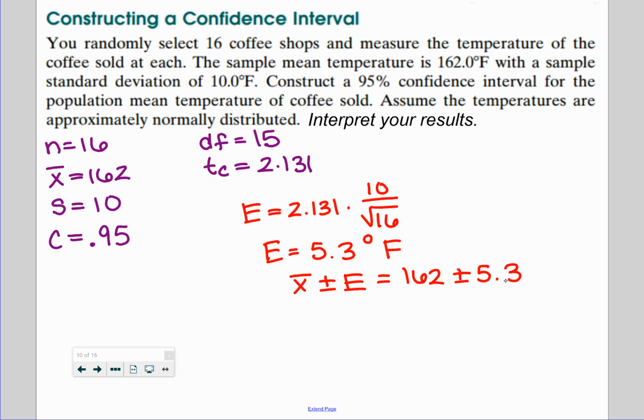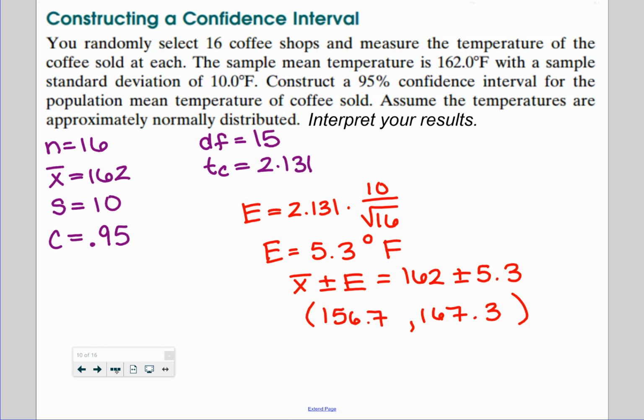And that's going to give us an estimation for the population mean. So 162 plus 5.3 on one end gives me 167.3. 162 minus 5.3 gives me 156.7. If you had to label those, again, they are both degrees Fahrenheit. And there is your confidence interval.